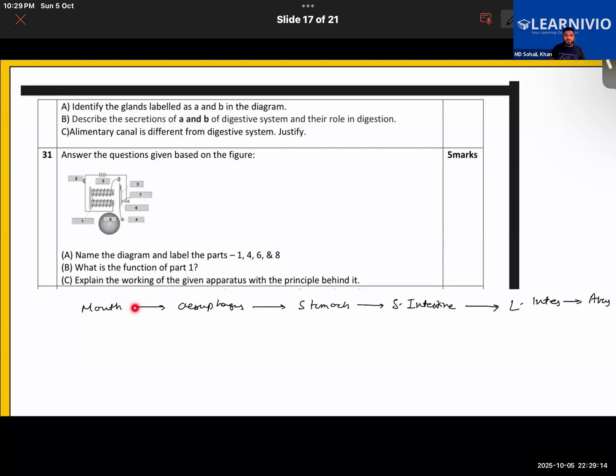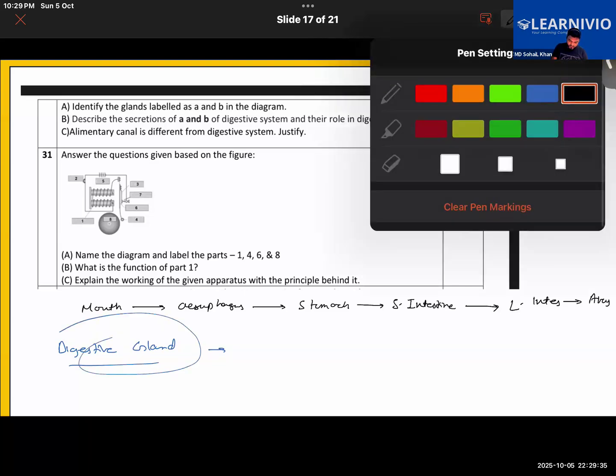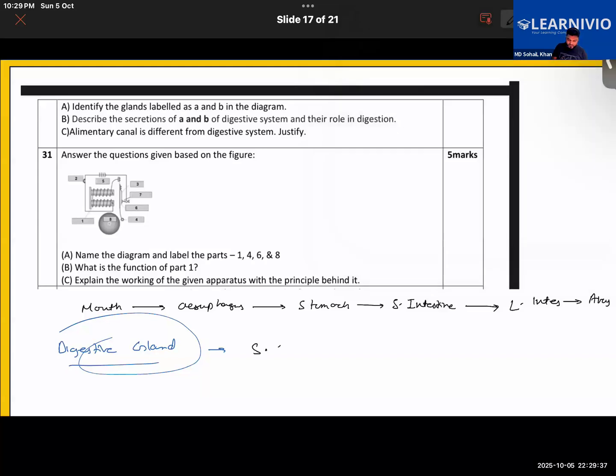But on the other hand, the digestive system includes the alimentary canal along with the accessory glands, the digestive glands. Getting it now? The digestive glands are: first the salivary gland, then the liver, then the pancreas. The gallbladder is not a gland.